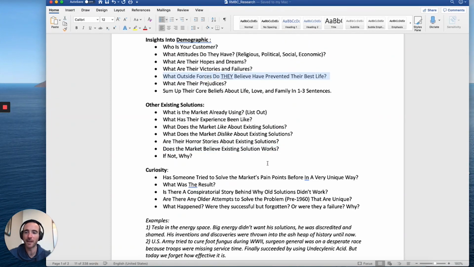Like, well, I don't make enough money. I don't have a job because I don't have a college degree. I'm a bad saver. I'm bad with money. I have bad credit, right? All of these things may influence them and make them think that existing solutions don't work. And if that's the case, and they don't believe that existing solutions work, then we want to answer that question: why don't they believe it?